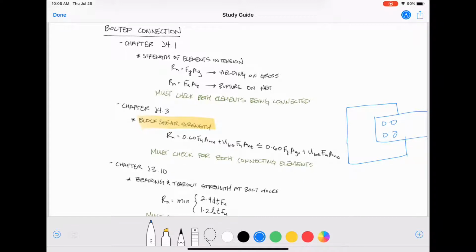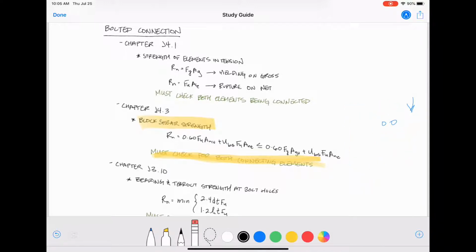Block shear is when this whole block wants to tear out of this section and pull the whole thing out. So again, you're going to have to check for both of the connecting elements, so block shear on the angle in this case, and then block shear on the gusset plate.